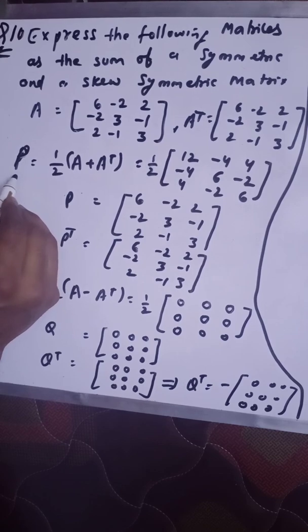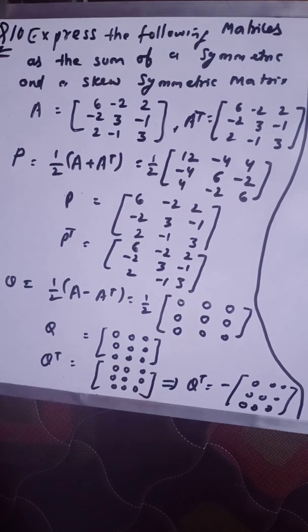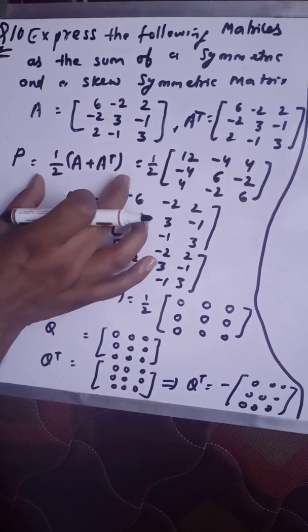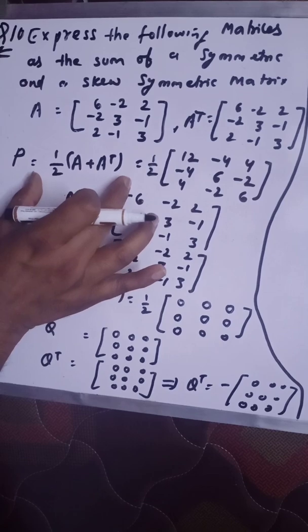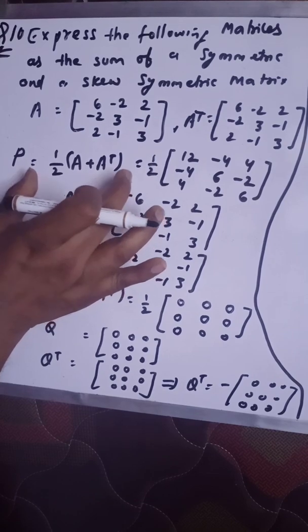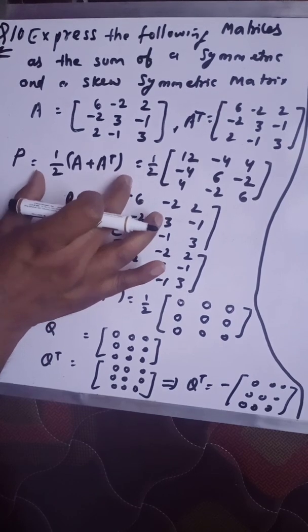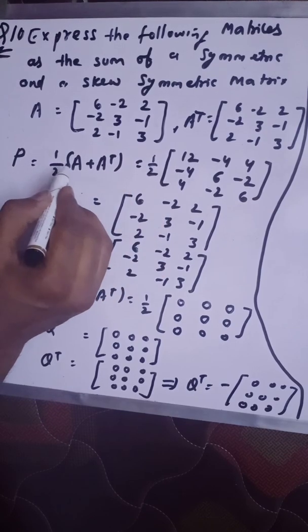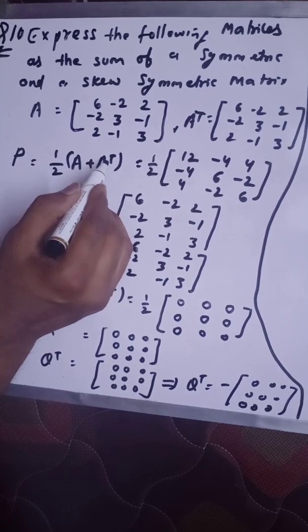P, we are assuming, is any matrix which is symmetric. This P you will get from this formula, which is a condition for a symmetric matrix. Fine. So P is half of A plus A transpose.